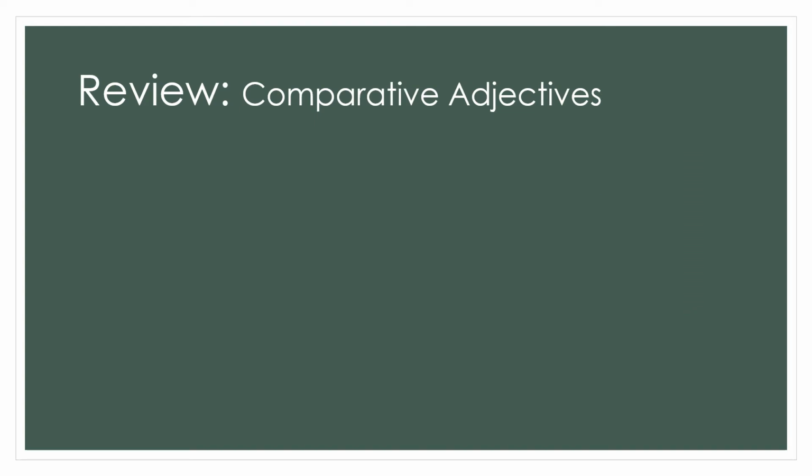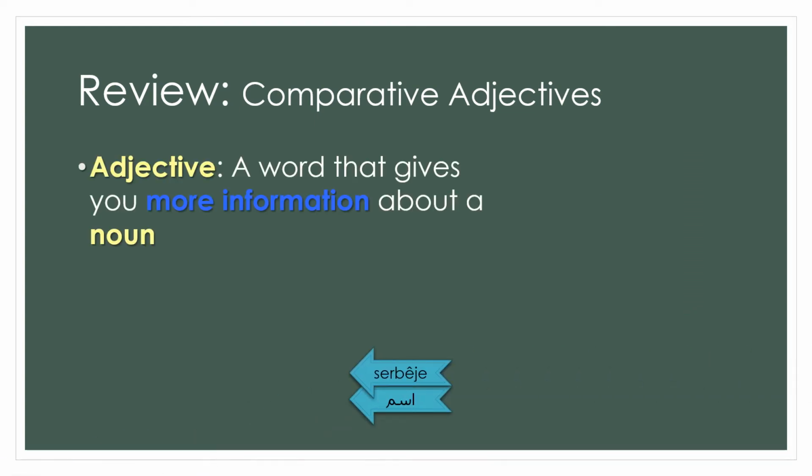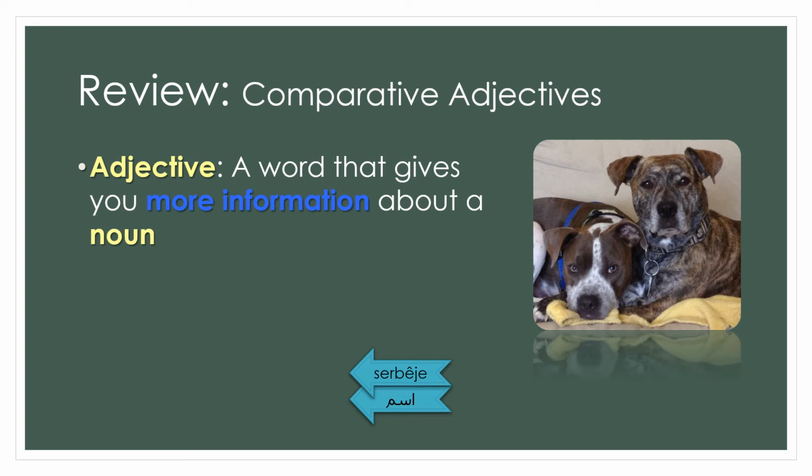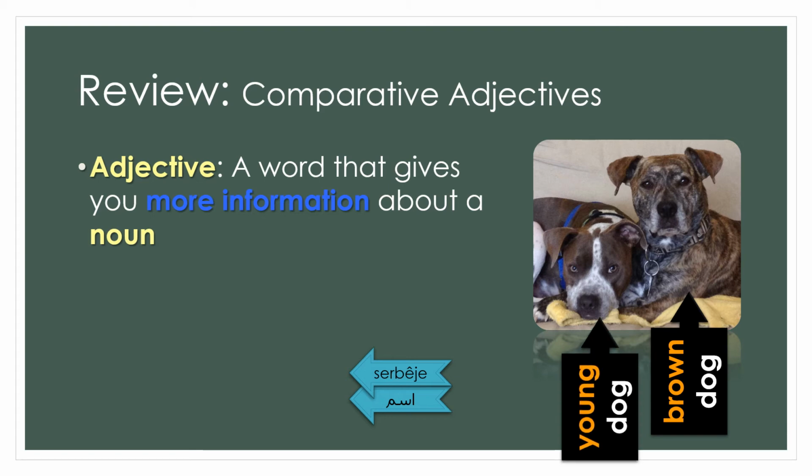To review, an adjective is a word that gives you more information about a noun. For example, brown dog. Brown is an adjective. Young dog. Young is an adjective.